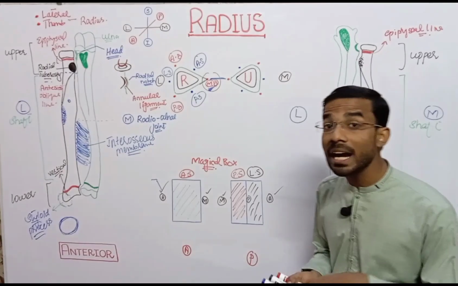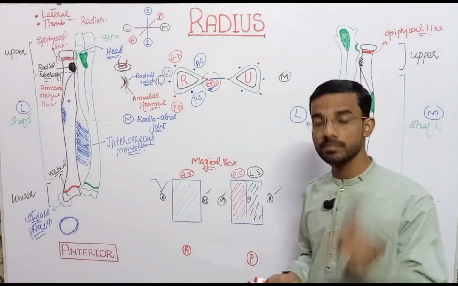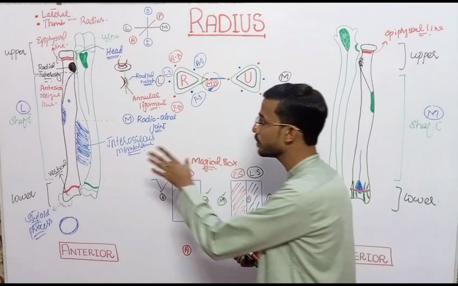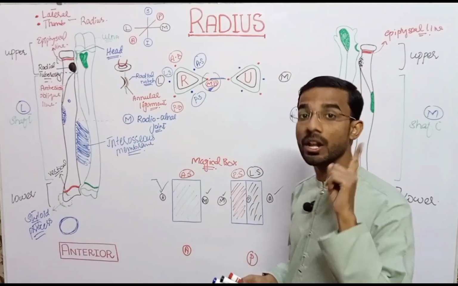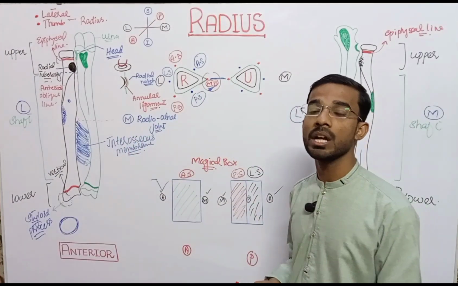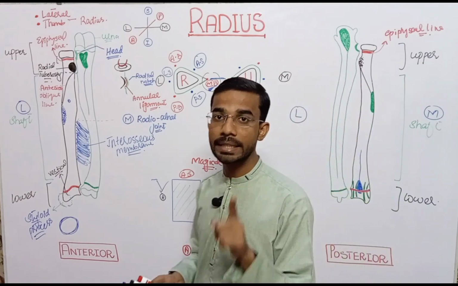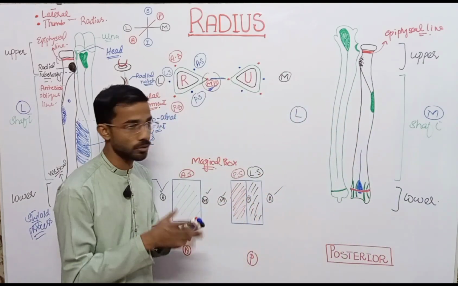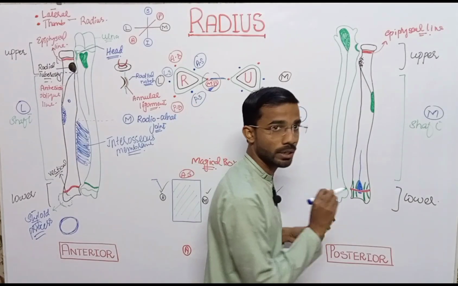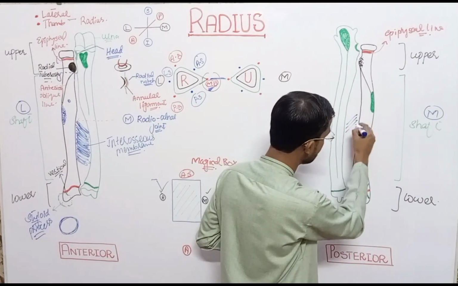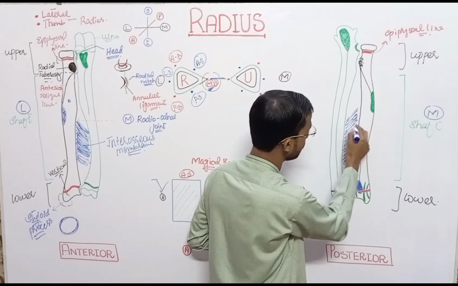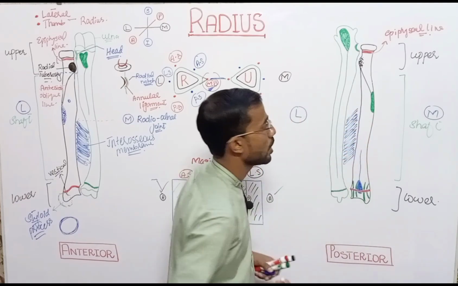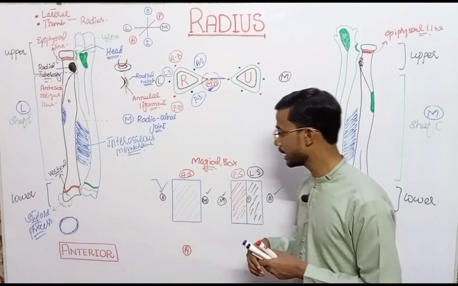At the medial side of the radius you will see the interosseous membrane. On the basis of this, the medial border can also be called the interosseous border. This interosseous membrane is present between the radius and the ulna.